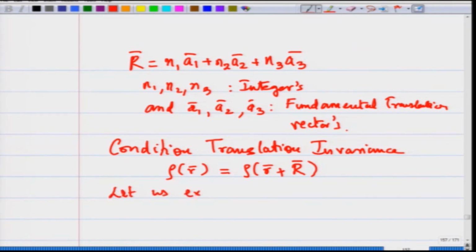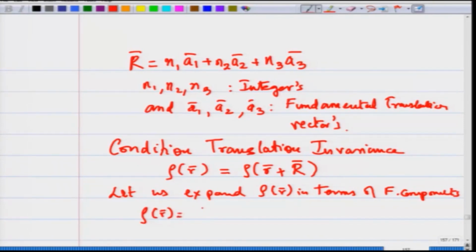Let us expand rho of R in terms of Fourier components. So, rho of R is summation over a vector G with respect to which we are taking the Fourier transform.